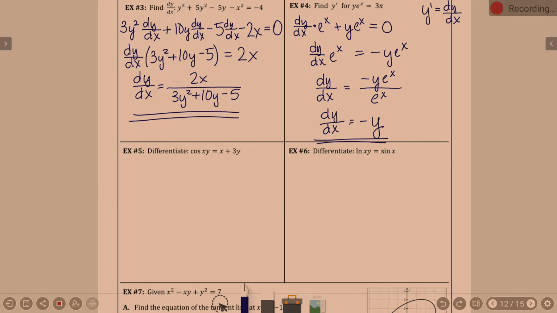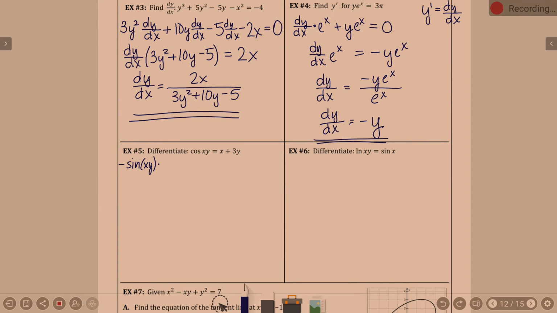Negative sine. The derivative of cosine of something is negative sine of something, times the derivative of the inside. So cosine is outside. We did the derivative of cosine to negative sine, times the derivative of the inside. So now we're doing the derivative of xy.